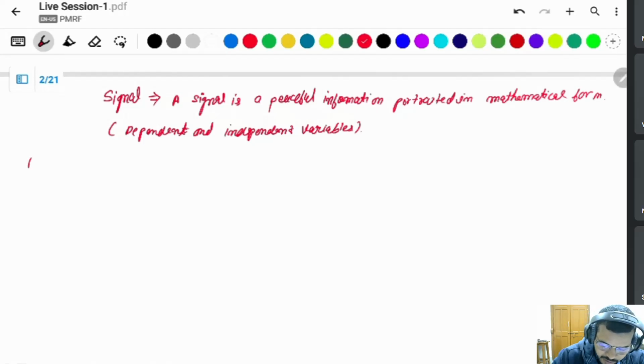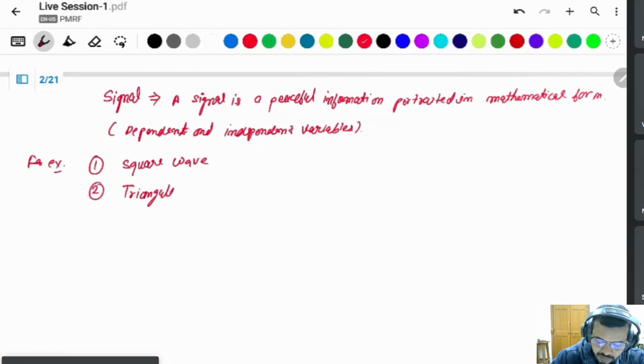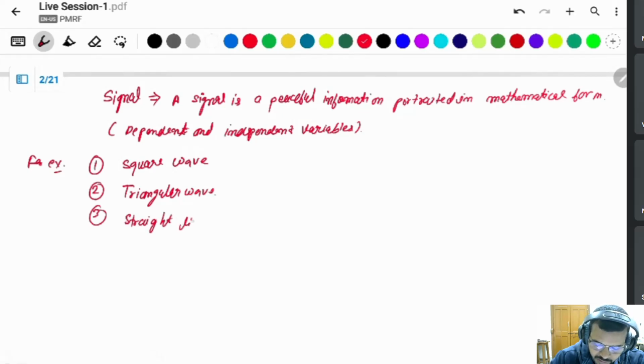For example, a square wave, a triangular wave, a straight line, like y is equal to mx, simply a line passing through the origin.